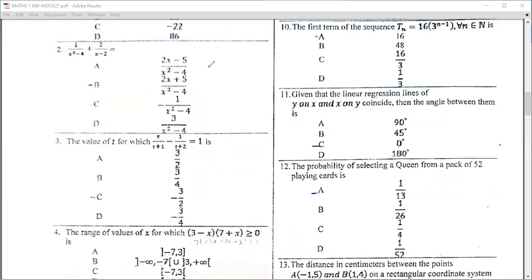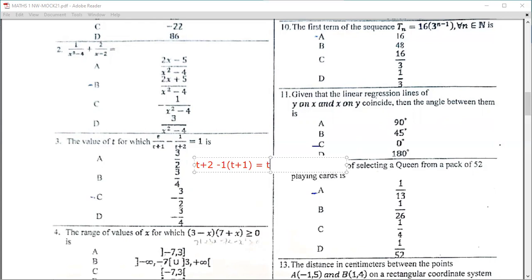So if you cross multiply, we are going to have t plus 2, that's t plus 2 minus 1 into t plus 1 plus 1. All of this should be equal to t plus 2 into t plus 1, right? Of course, t plus 2 into t plus 1.